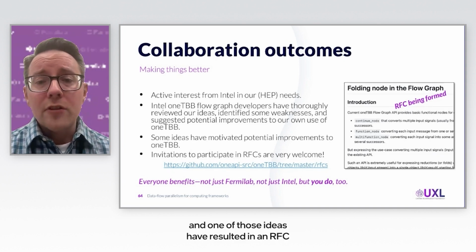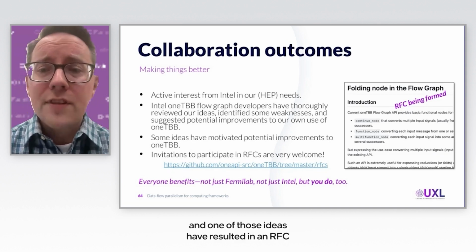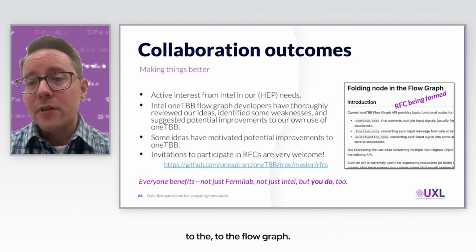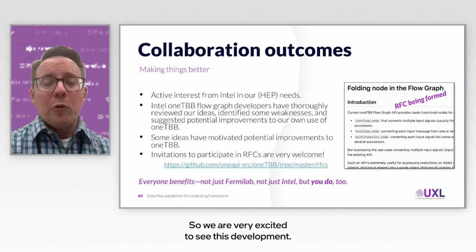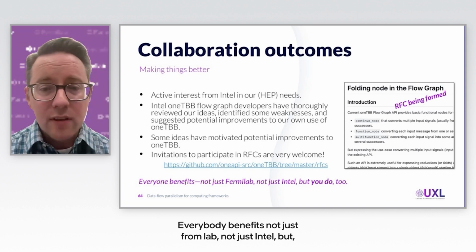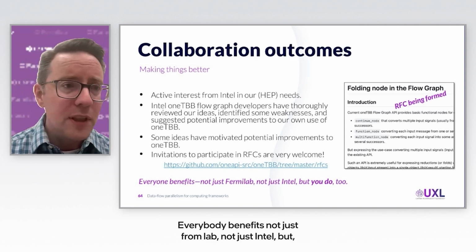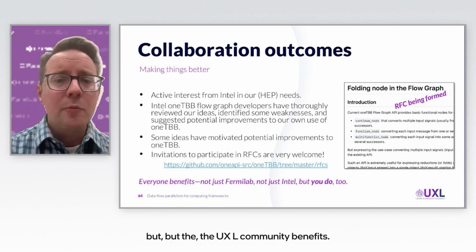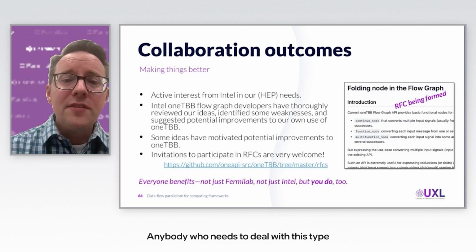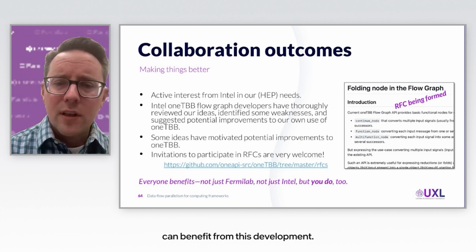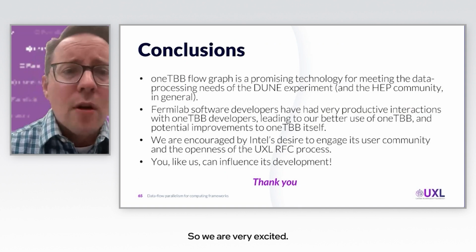And one of those ideas has resulted in an RFC that is being formed to look at adding a full node to the flow graph. So we are very excited to see this development. Everybody benefits, not just Fermilab, not just Intel, but the UXL community benefits. Anybody who needs to deal with this type of scientific processing can benefit from this development. So we are very excited.